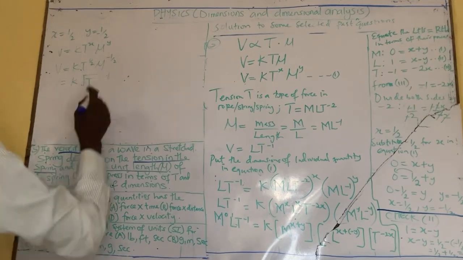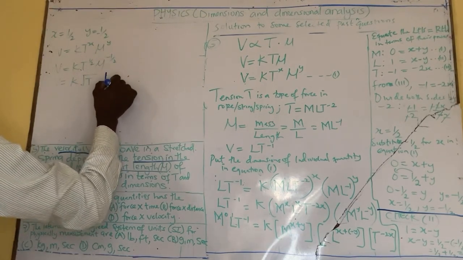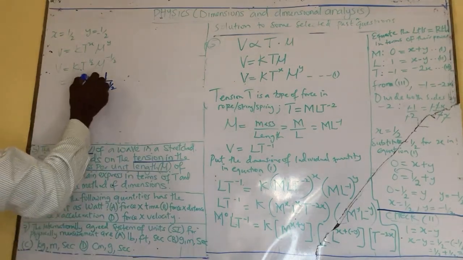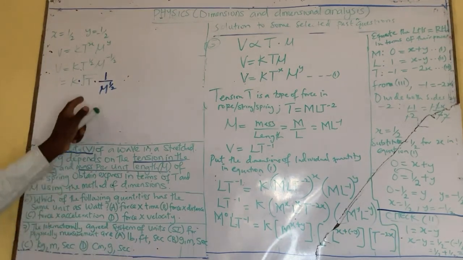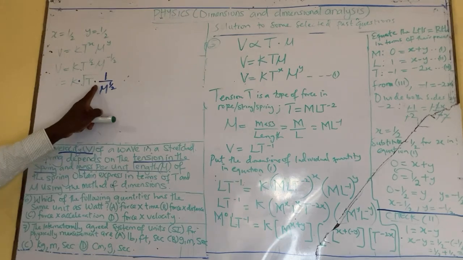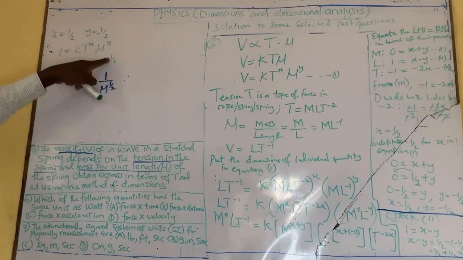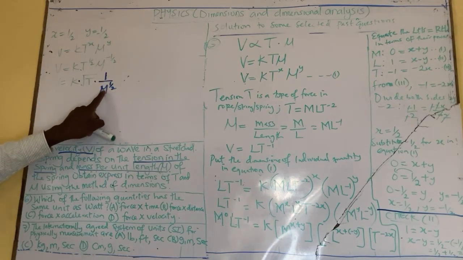If you don't know the law of indices, it might be difficult for you to really get this. So we can see that the multiplication between them is represented by a dot. So root t multiplied by 1. This 1 is a result of the minus as the power. 1 all over root mu, which is mu raised to power half.